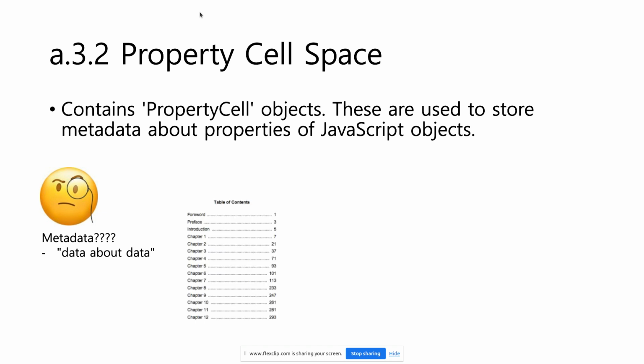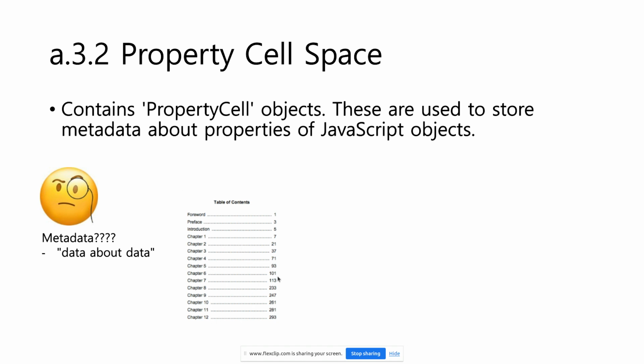For example, if there's a book, there should be a table of contents. Chapter one discusses some kind of stuff, and this table of contents is a kind of representation of metadata.